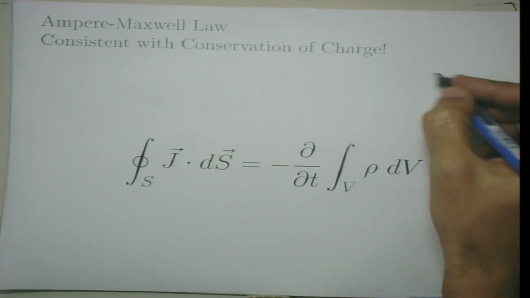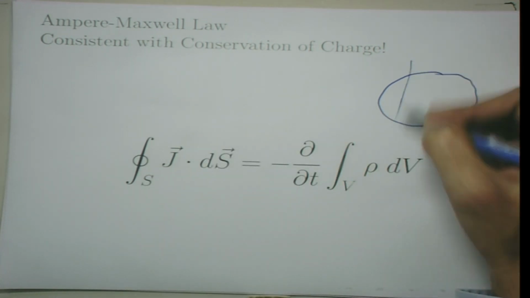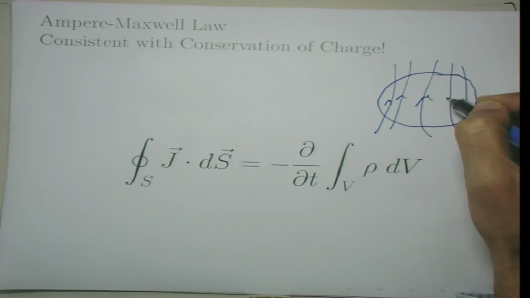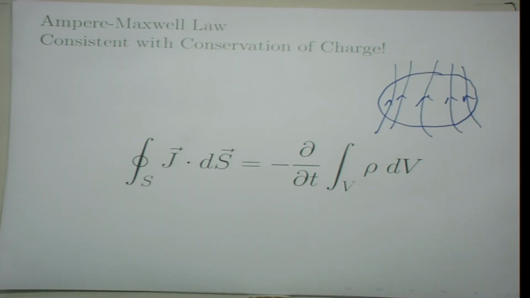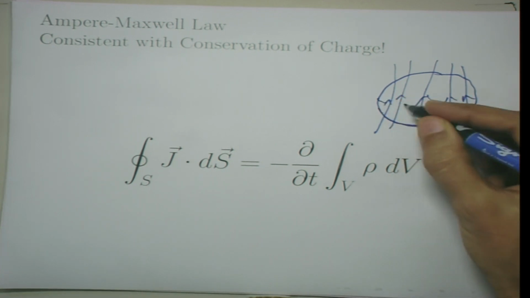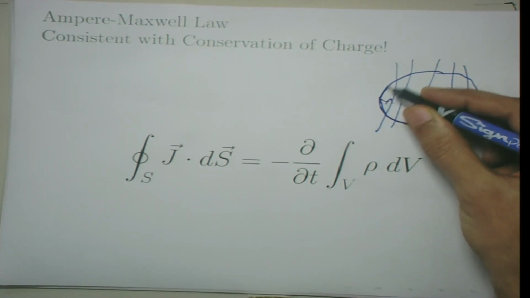It is the conservation of charge. If you take J dot ds over a closed surface, it is not going to be equal to 0. Suppose this is the current density represented by lines, and you find out how much is entering this closed surface and how much is leaving it.